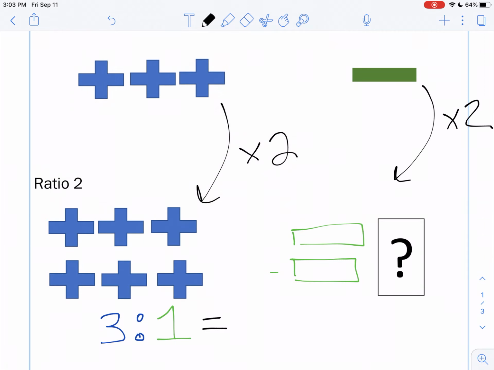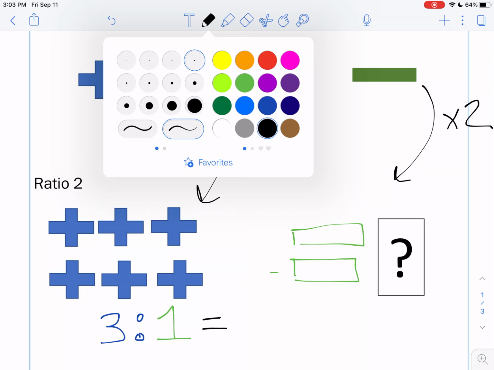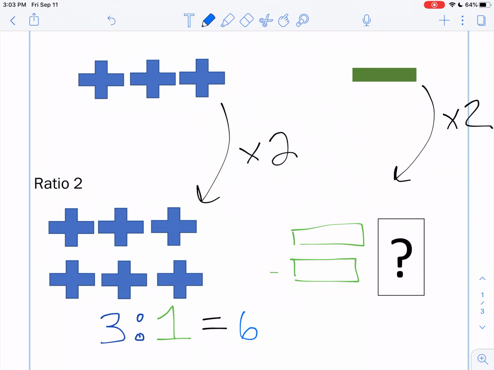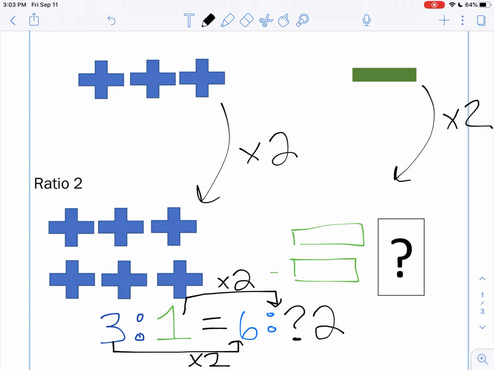And if they're equivalent, I know this has to equal 6 plus signs in ratio 2 to some unknown number of minus signs. So just like I did with the picture, 3 times 2 gives us 6. So I also have to take the 1 and double it, so multiply it by 2 to get 2. So my ratio is 6 to 2, or my missing term in the proportion is 2.